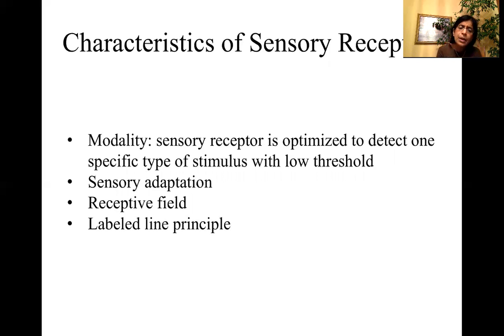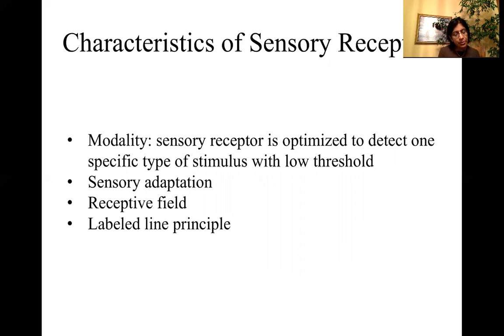The other characteristic feature is labeled line principle. What this deals with is that the sensory receptor is not just one sensory receptor taking the stimulus signal in the form of action potential directly to the brain area. It cannot.